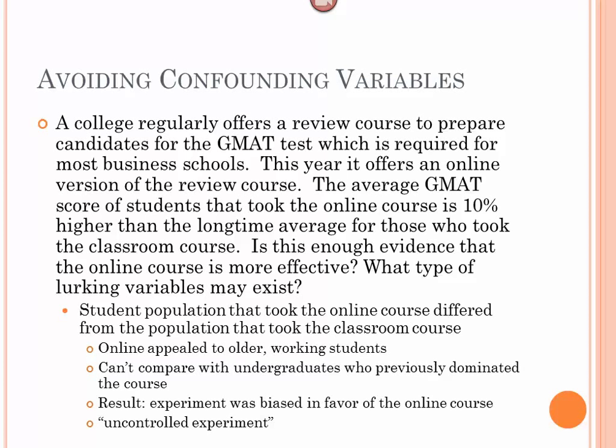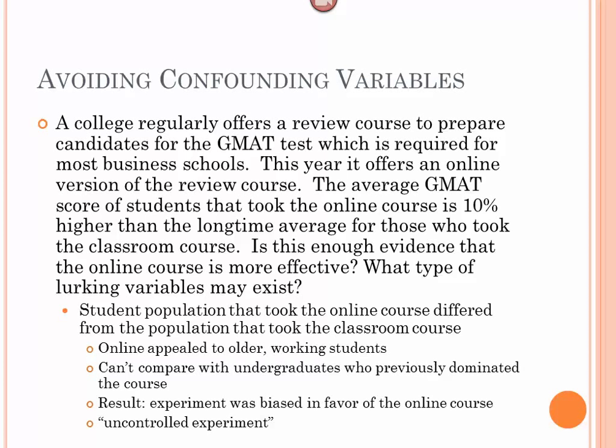We'd also want to randomly assign people to the different classrooms and not let people select themselves for those particular classes. And what we're trying to hone in on here is to see if the treatment, and what would the treatment be in this case? Well, the treatment is the new way of training people for the GMAT test.